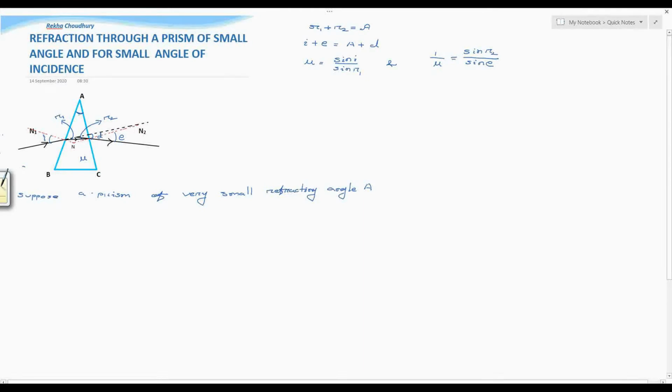Let a ray of light, also we have considered that the angle of incidence is also a very small angle, be incident at a small angle I on the prism.